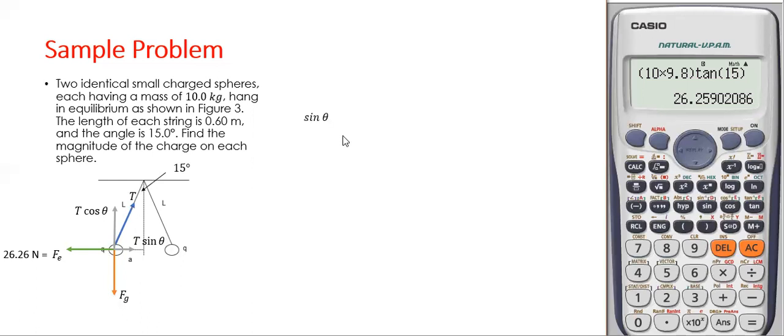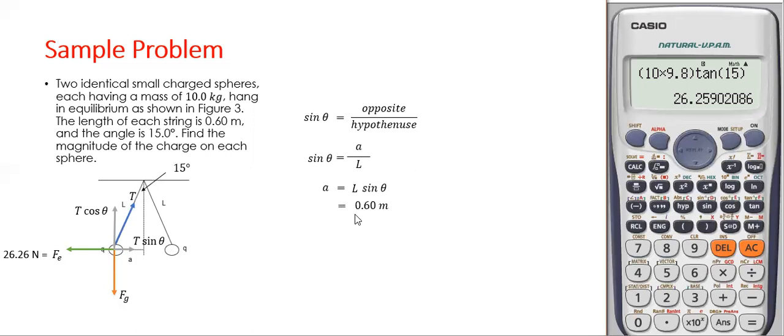Pwede natin gamitin yung sine function which is equal to opposite over hypotenuse. Ang opposite natin dito ay si A at ang ating hypotenuse naman ay yung length. Para makuha natin yung value ni A, magko-cross multiply lang tayo. So, A equals L times sine theta. Let's plug in the values.